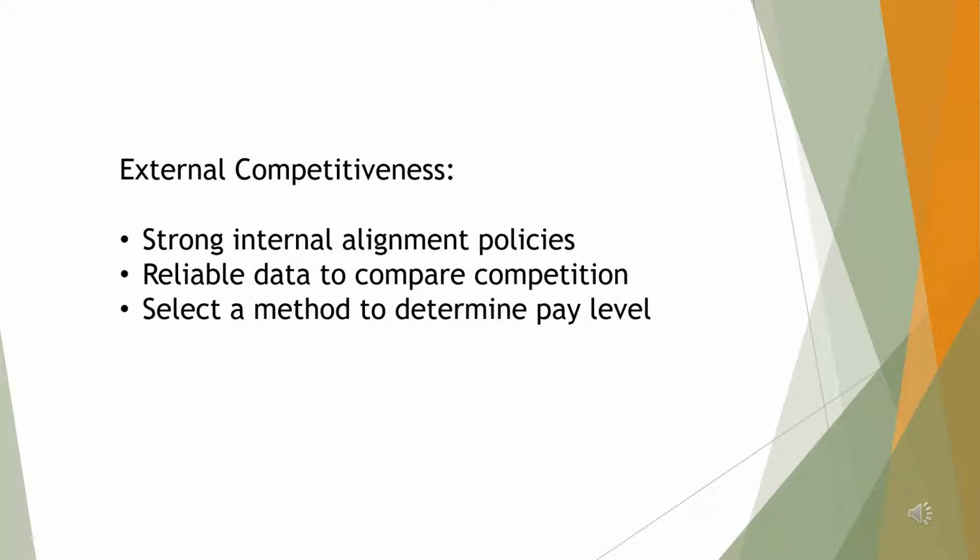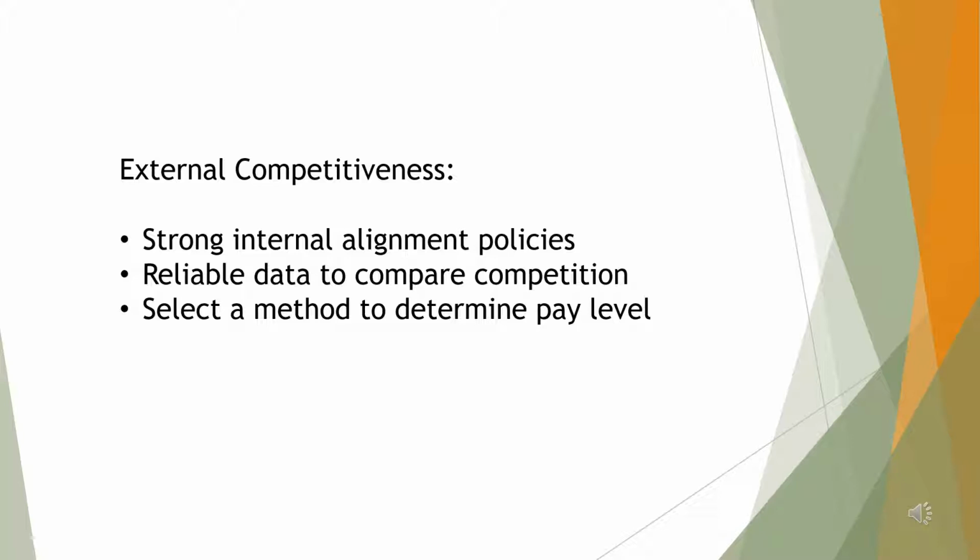To wrap up this section of external competitiveness, I want you to remember that to start this out, we need to develop strong internal alignment policies, have the objectives for your organization, how you want to pay your employees and what message you want that to send, what kind of behaviors you are trying to pull from your employees with your compensation policies.